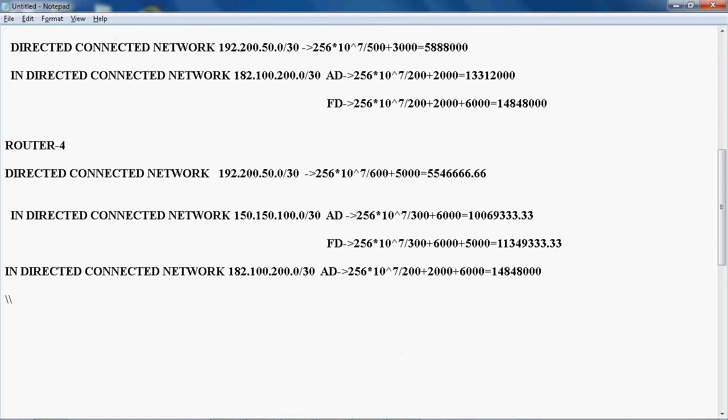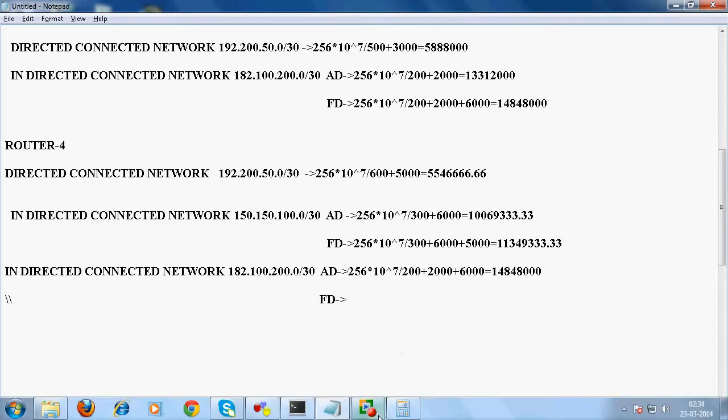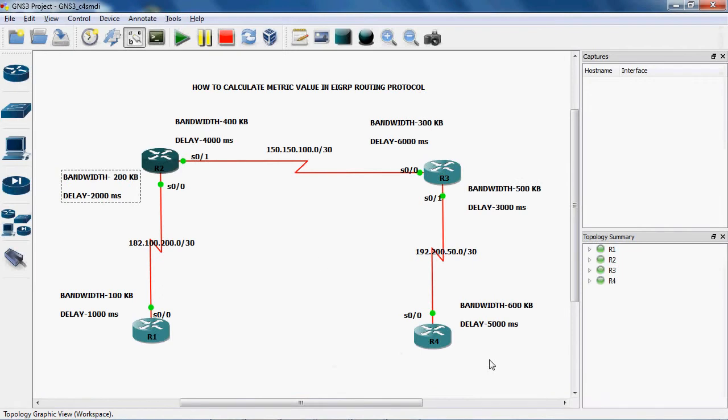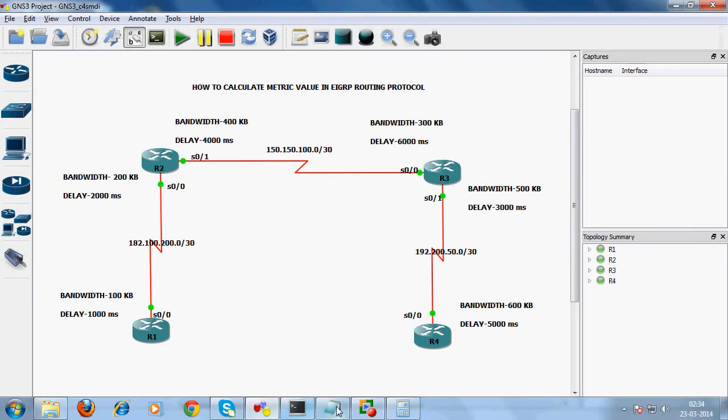Next, we have to find out the feasible distance. In the feasible distance we include the source metric value also. So we compare these three bandwidths and delays. Which bandwidth is minimum? 200, 300, 600. So 200 is minimum, we choose 200.